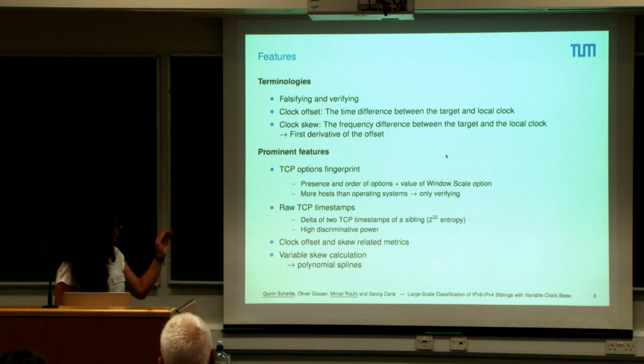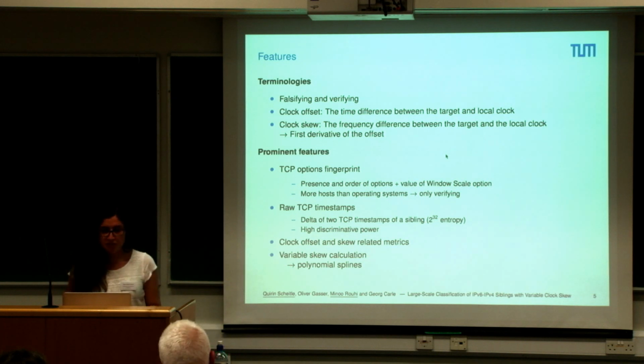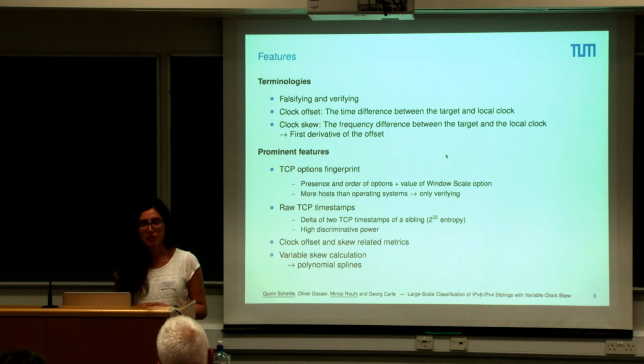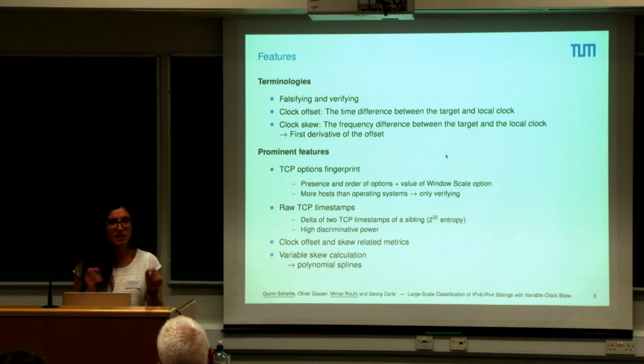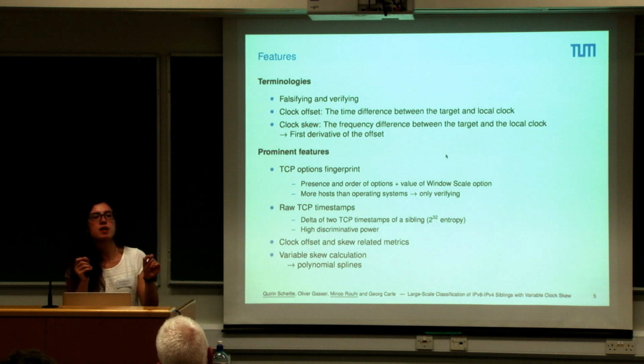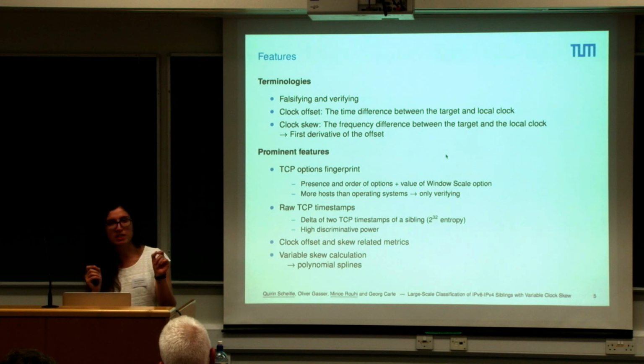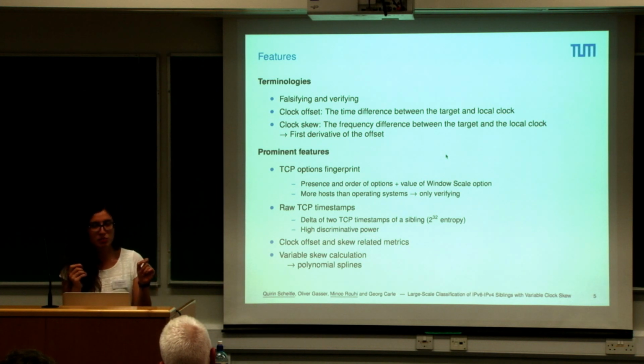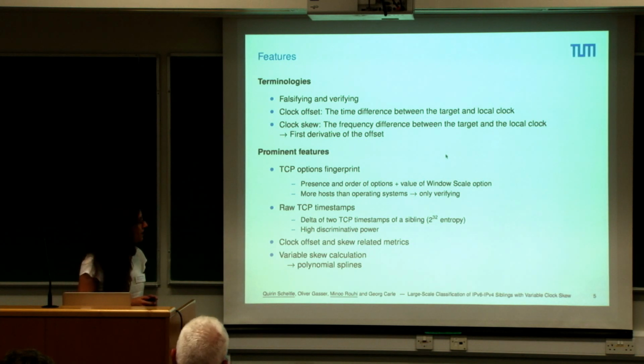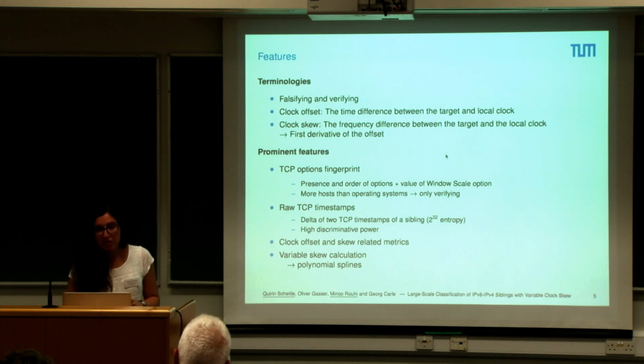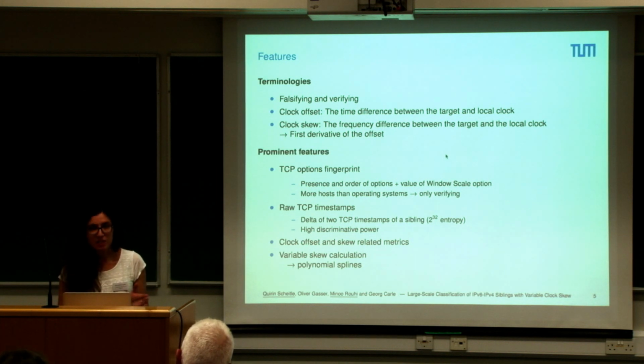So that's why this is only used as a falsifying metric. The next prominent feature is the raw TCP timestamp, where the delta between the raw TCP timestamp of IPv4 and IPv6 probes, the packets that we received, are compared. As the TCP timestamp is a 32-bit, monotonically increasing value, this provides a certain level of entropy over hosts.